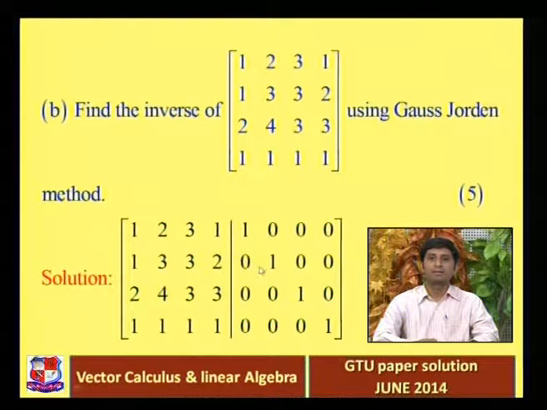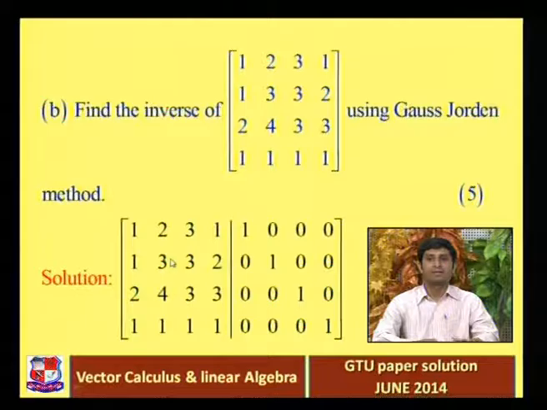So you can see this is our original matrix, and on the right hand side we write the identity matrix of size 4 cross 4. Now what is our next step? Using row operations, we convert the left hand side into the identity matrix, and whatever matrix is on the right hand side, that is the inverse of the given matrix, right?